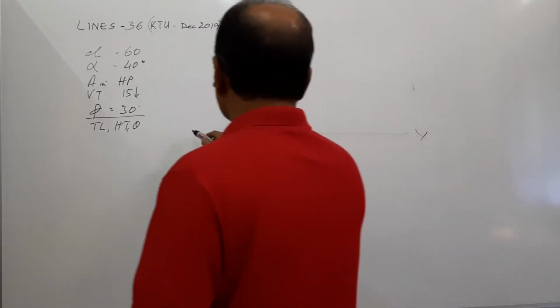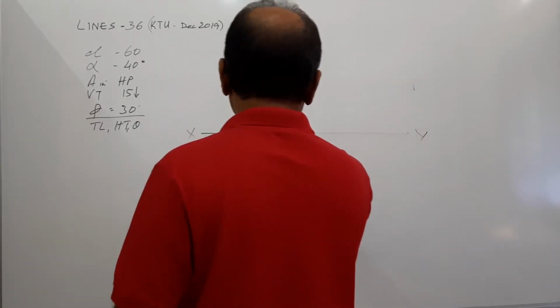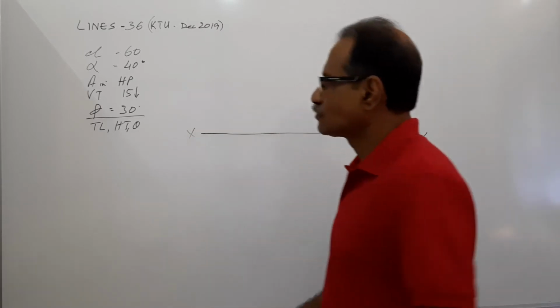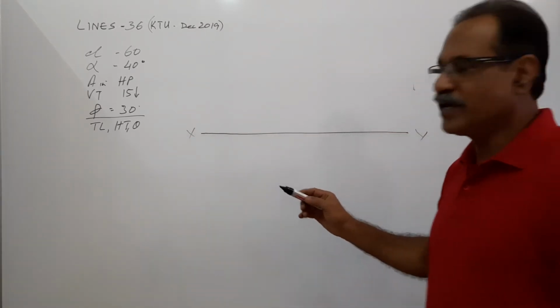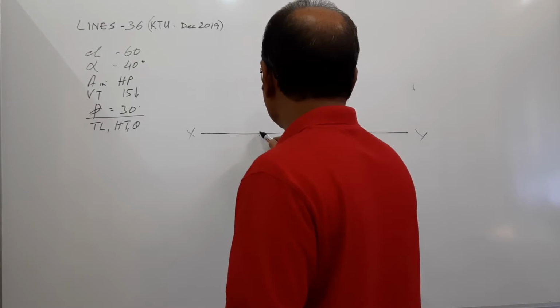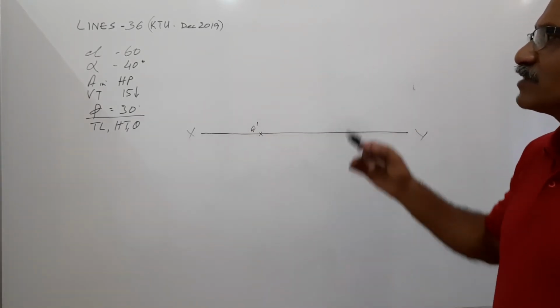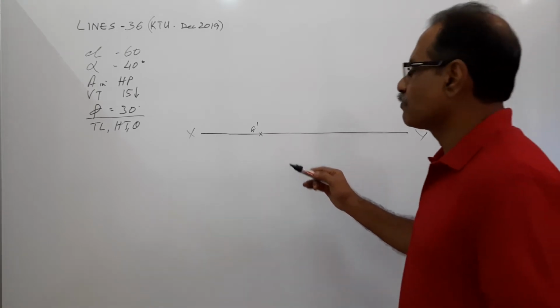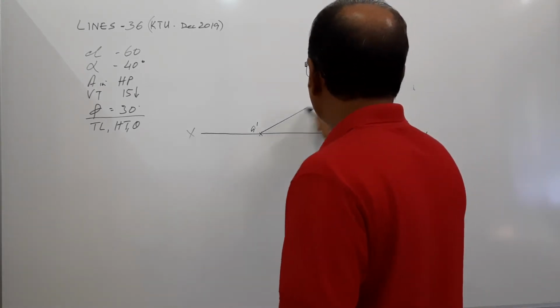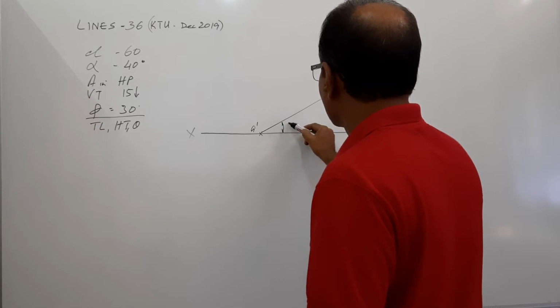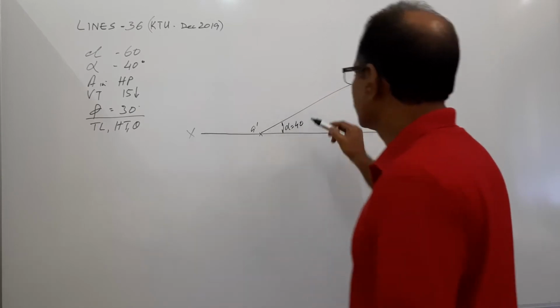XY line. A is in HP means A dash is on the XY line. A dash. Alpha is given as 40 and elevation length is 60 mm. Draw a line at alpha. Alpha equals 40 degrees.